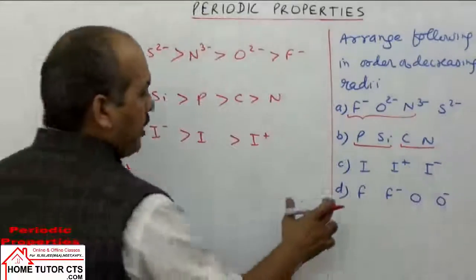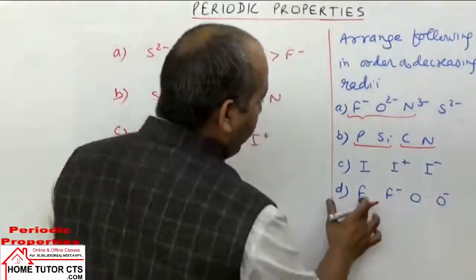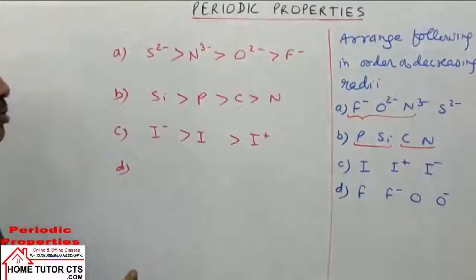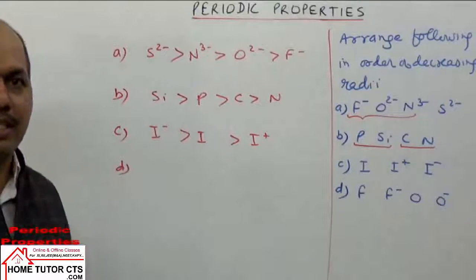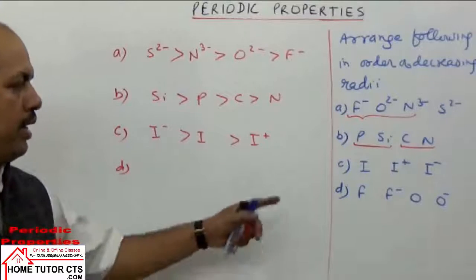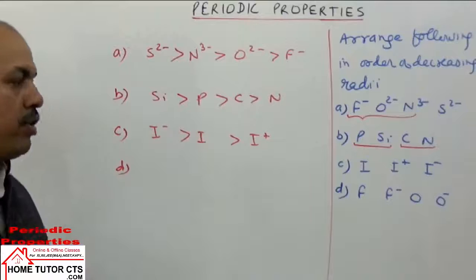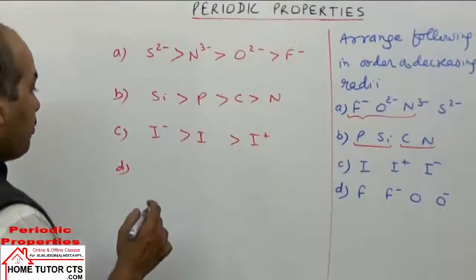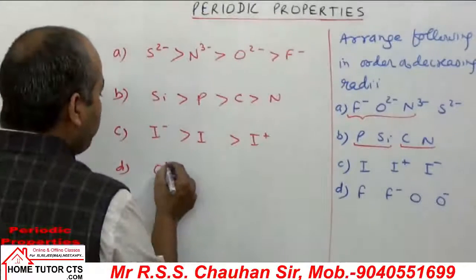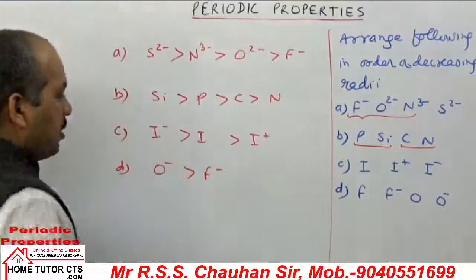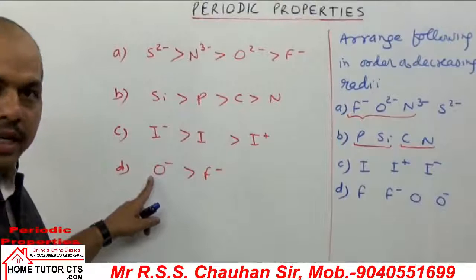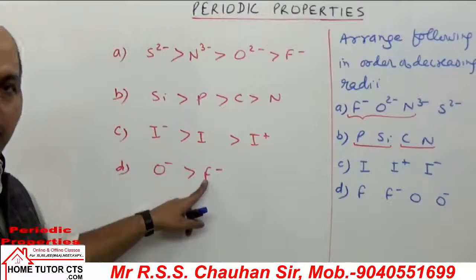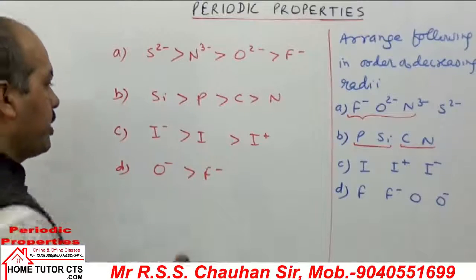When it is F negative or O negative, the F or O atoms will have smaller size compared to the ions, because they don't differ much in size. Now O negative is bigger than F negative, because it has less atomic number; F has more atomic number, for that reason Z is higher.